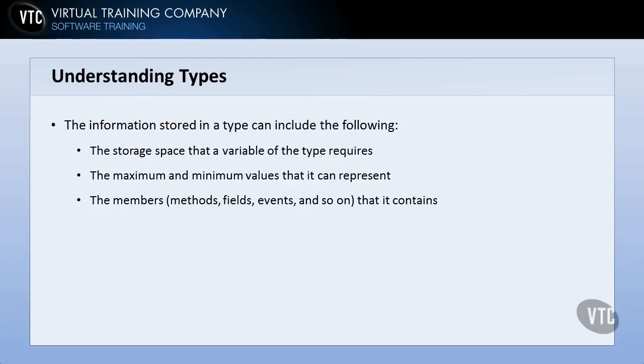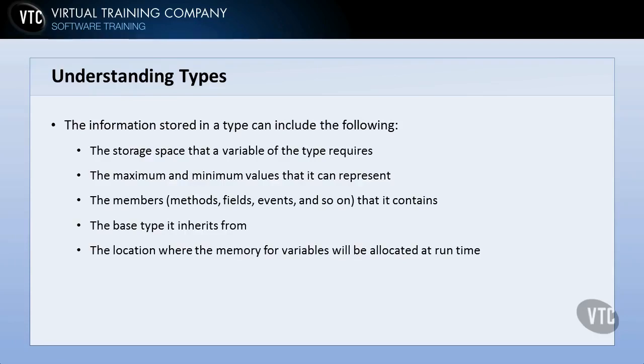We'll talk about inheritance a little later. The location where the memory for variables will be allocated at runtime. We'll talk about that when we talk about value and reference types, and the kinds of operations that are permitted with this particular data type.